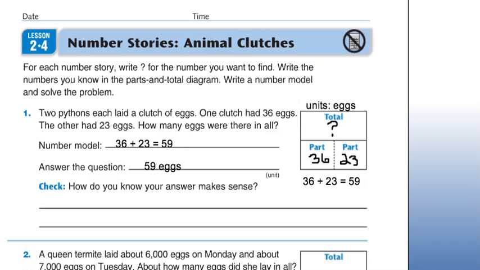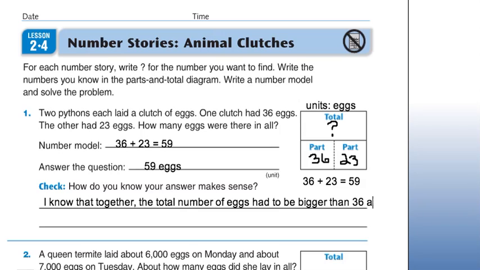So if Mrs. MacPhail just thinks out loud, I'm thinking to myself that I know that together the total number of eggs had to be bigger than 36 because that was the highest number I was adding together.